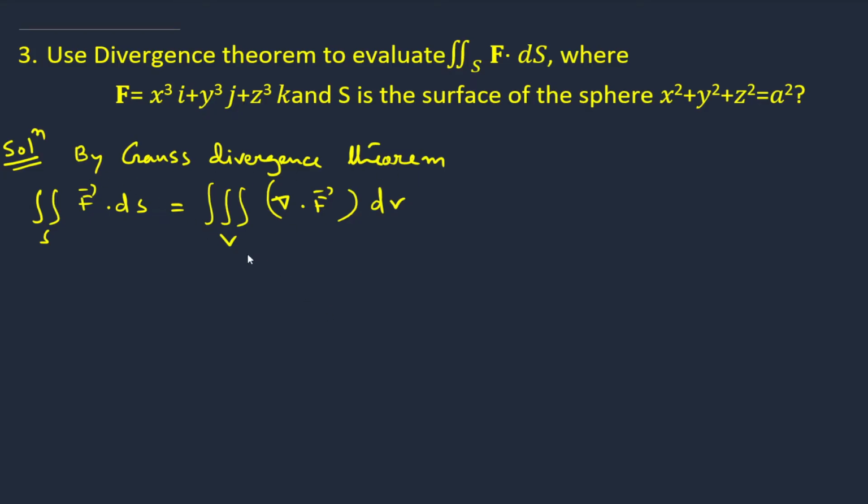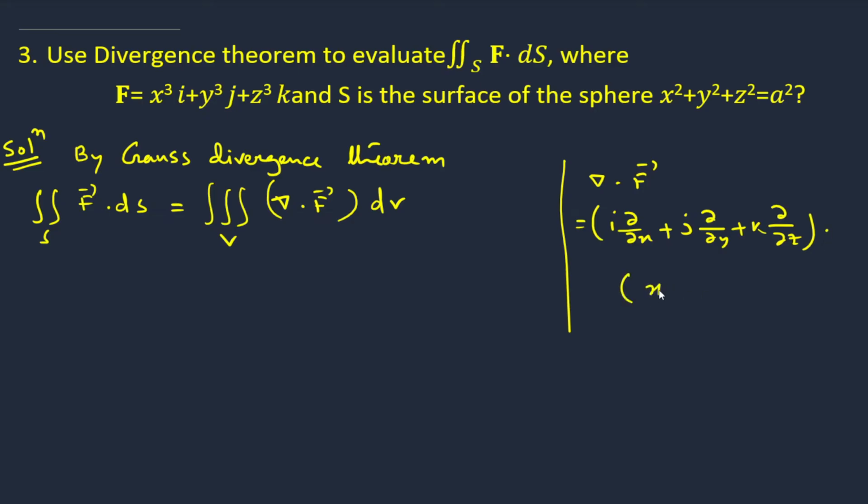So first you have to write the Gauss Divergence Theorem. Nabla dot F bar dV. Here F bar is given. So see, nabla dot F bar, you can write nabla bar also. So i del/del x, j del/del y, plus k del/del z, dot our F bar, which is x cubed i, y cubed j, and z cubed k.